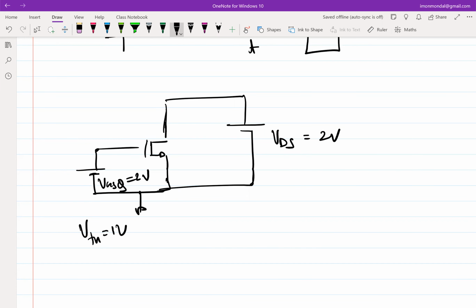But only biasing is not enough. We have to apply an input. We need an amplifier, which means we have an input and we need to connect this contraption to an RL. So how do I connect an input now?